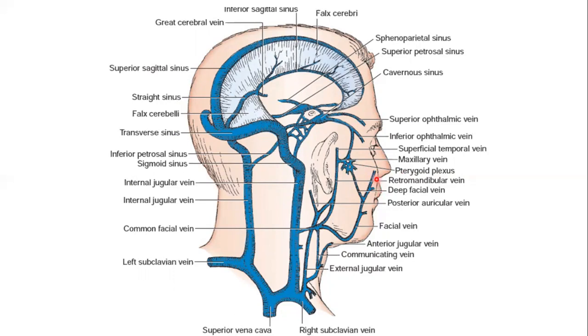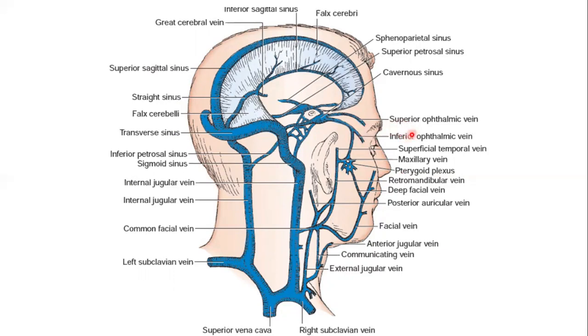And here we will discuss a clinically very important area, which is the danger triangle of the face. I'll show you the picture and the communication. This is the pterygoid plexus. And there are the veins, the superior ophthalmic vein and the inferior ophthalmic vein.